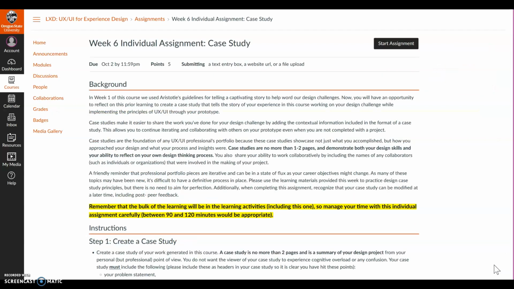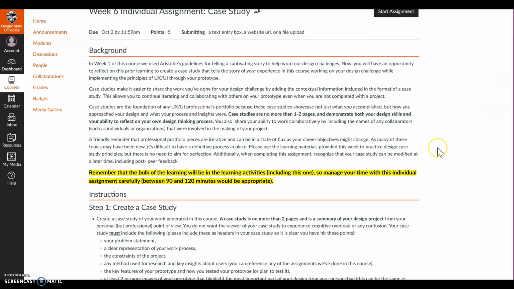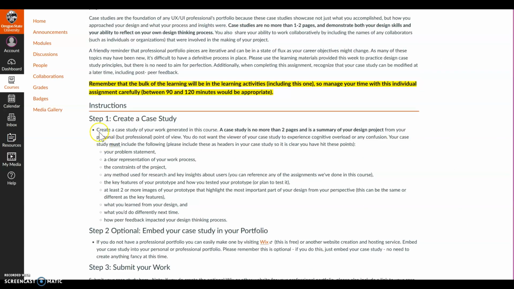And then, as I mentioned, here's your individual assignment, which is a case study. Please make sure you read the instructions that you're going to create a case study, which is pretty much in writing with a few pictures of your prototype, but you will be addressing each of these areas. And please, as I noted here, include these as headers in your paper. And it really shouldn't be more than 2 pages.